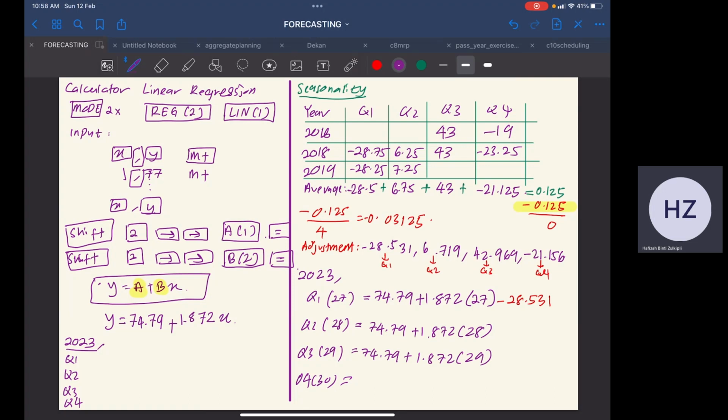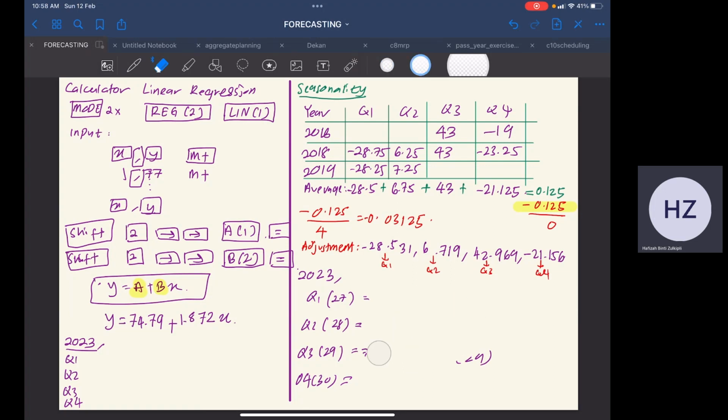If you want to key in directly, you can key in the value without writing it up. That means we substitute directly into this equation. We know that this is our linear regression, so you will have 74.79 plus 1.872x. So your x for Q1 is 27.